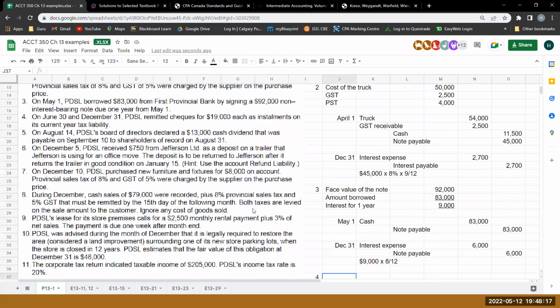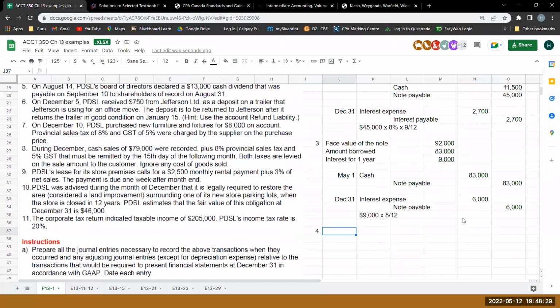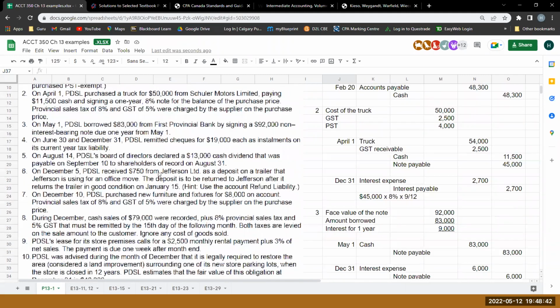Number 4, on June 30th and December 31st, PDSL remitted checks for $19,000 each as installments on its current tax liability. So that's basically debit income tax expense. Oh, sorry, I should put the date. So we sent the first check on, was that June 30th? Yeah.